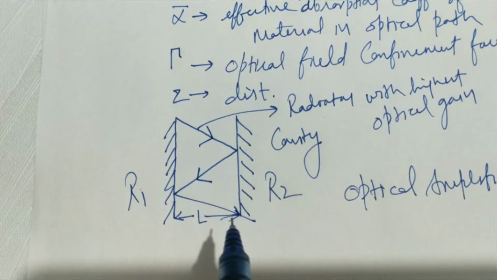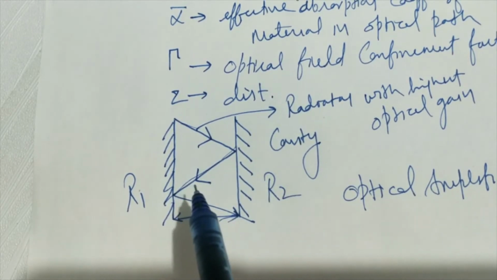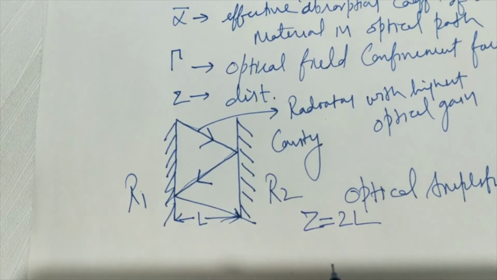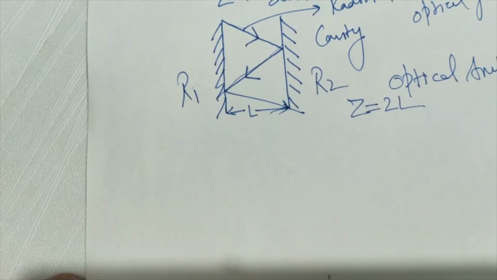Lasing occurs when the gain of one or several guided modes is sufficient to exceed the optical losses during one round trip through the cavity, that is z equals 2L. During the round trip only fractions R1 and R2 of the optical radiation are reflected from the two laser ends.